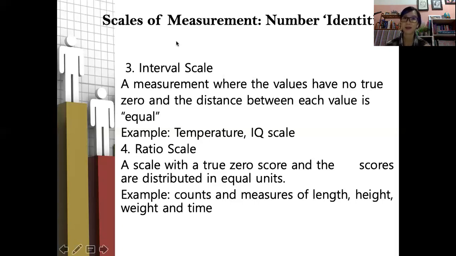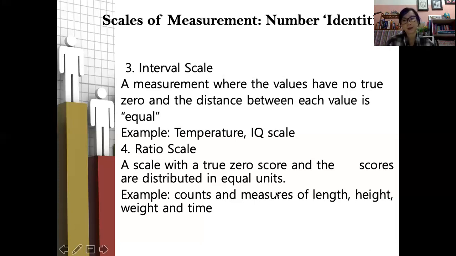Why? Because interval and ratio, they use the same statistics. And then you have another type of statistics for nominal. You have another type of statistics for ordinal. The examples of ratio scale will be when you have measurement of length, height, weight, and time.